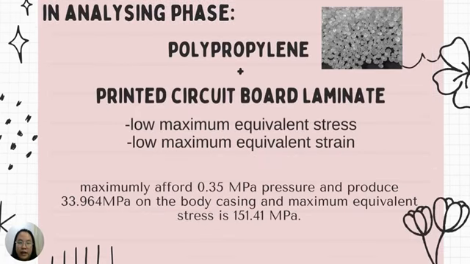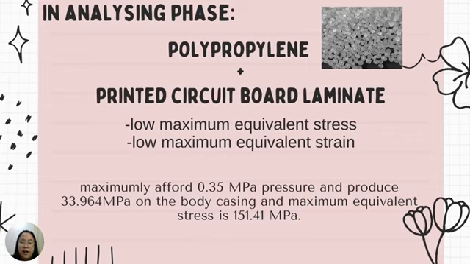In the analyzing phase, after various testing, we found that the PP and PCB combination is the most suitable material. It shows low maximum equivalent stress and strain values, and this matched our expectation.